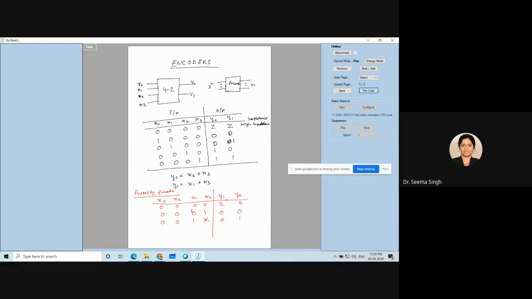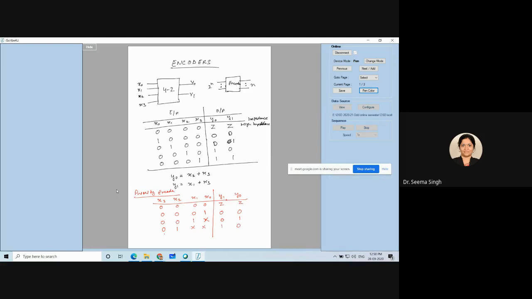Now x1 matters only if the other higher bits are 0, 0. If a higher bit becomes 1, priority will be given to that. For example, if I make x2 as 1 and x3 is 0, I will not give any priority to x0 and x1. They both will become don't care and the output will be 1, 0.